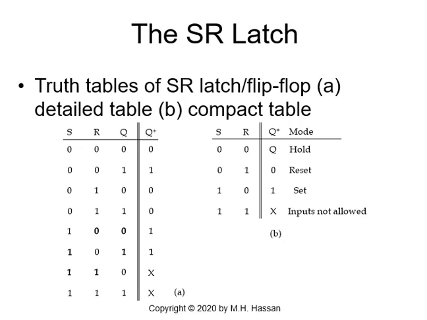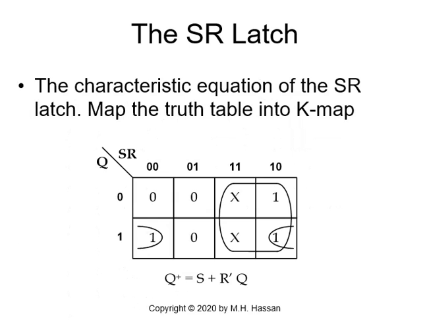Now, once we have the truth table fully verified in detail, we can derive the characteristic equation of the SR latch. So we can go to the K-map with the inputs S, R, Q and output Q plus. Those are don't cares because this will never occur. And we will have S R 0 0, 0 1, 1 1, 1 0, Q 0, 1.